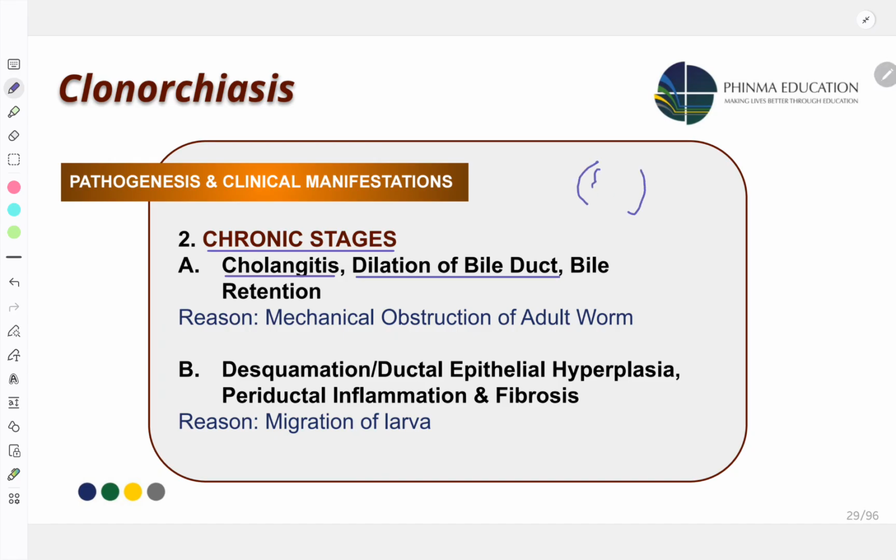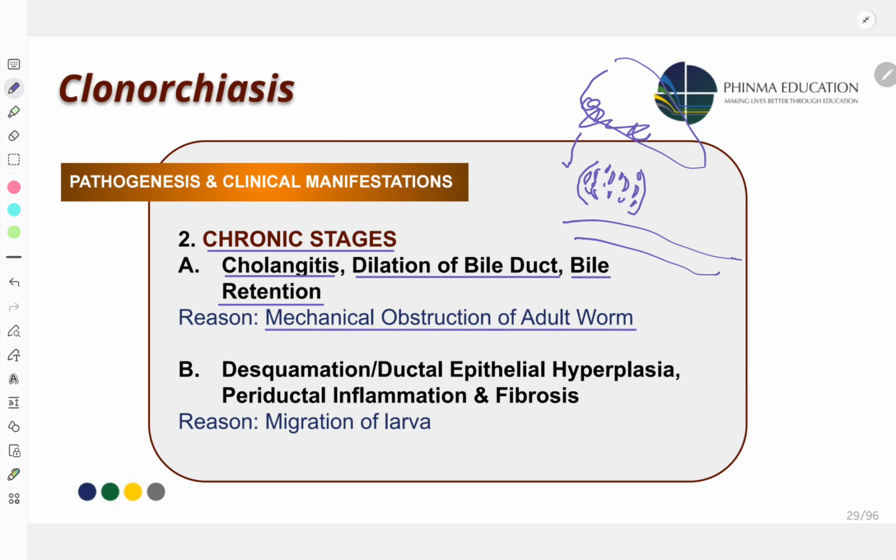If daghan na kaayo ang adult worm sa bile duct, of course, mo-dilate ang bile duct, no, murag ma-stretch kay napuno na siya og adult worm. And there is bile retention. So meaning, instead na from the liver ma-release ang bile into the intestine, mapundo hinuon ang bile within your liver and within your gallbladder. So the reason is mechanical obstruction of the adult worm.